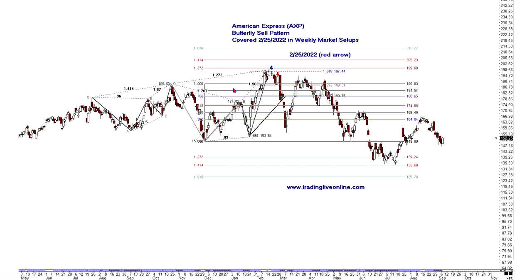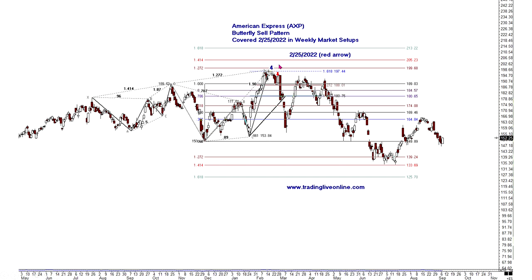So X to A extension is 1.27. Notice how this X to A extension, 1.414, but notice how that starts to form that natural trend line there. And a lot of times you can find a trend line by using extension ratios like that.